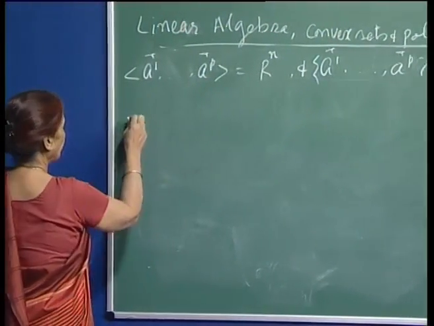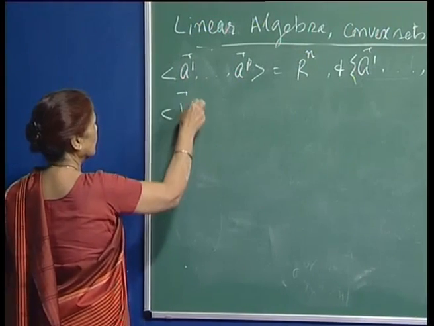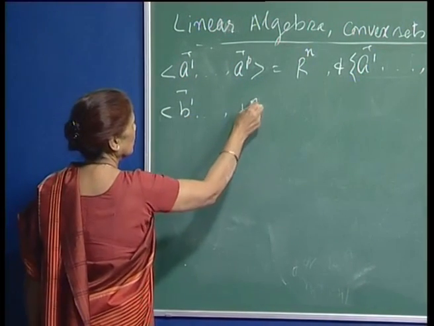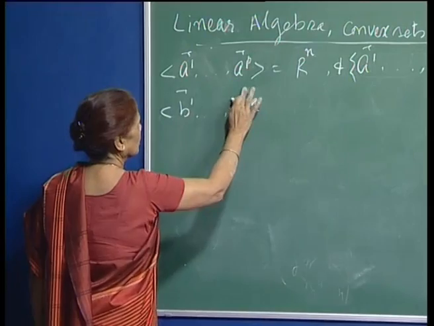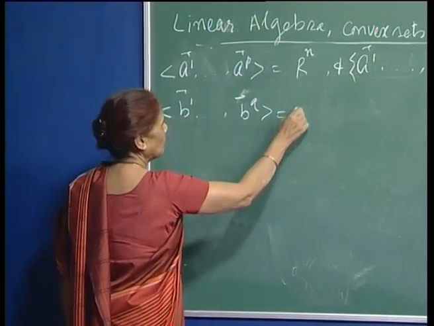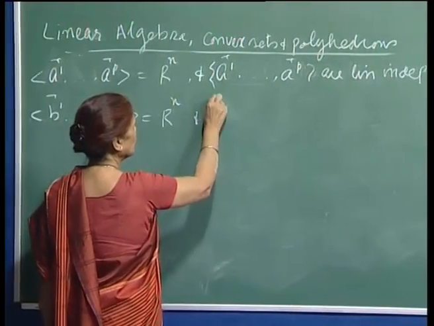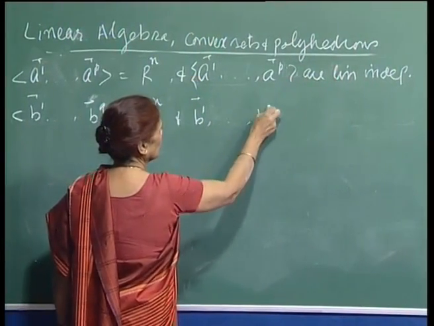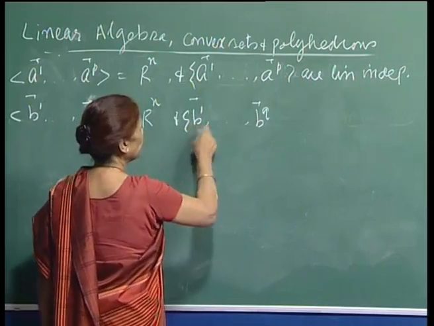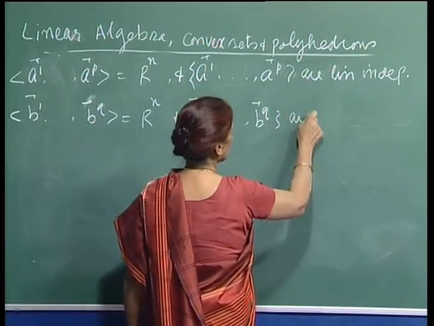Similarly, suppose there is another set B1 to BQ which is also a spanning set for Rn, and the vectors B1 to BQ are also linearly independent.